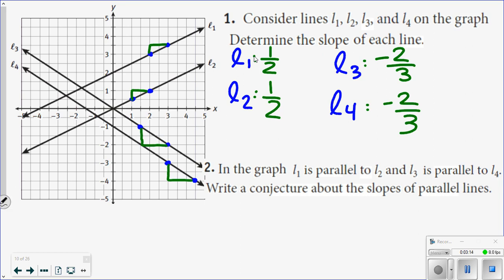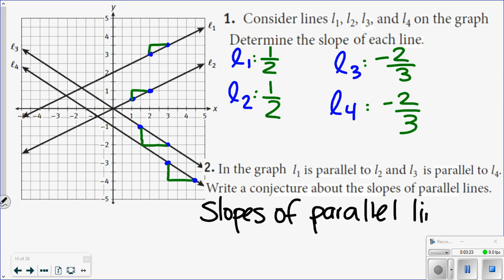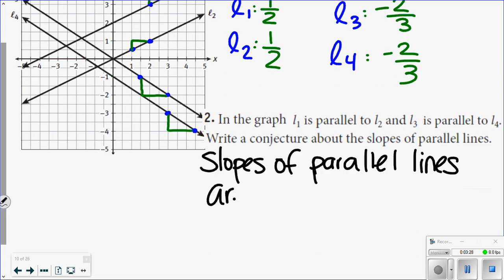Well, we notice that slopes of parallel lines are the same. L1 and L2 are the same, L3 and L4 are the same, and they were parallel. That makes sense because they're never going to touch each other or intersect. Just like railroad tracks. Just like the lines on your paper.